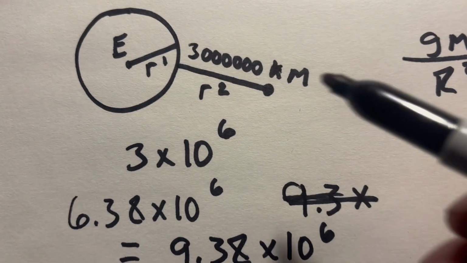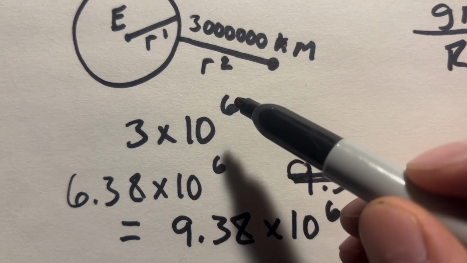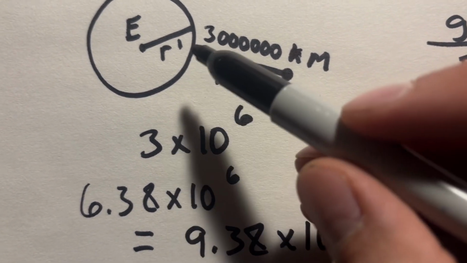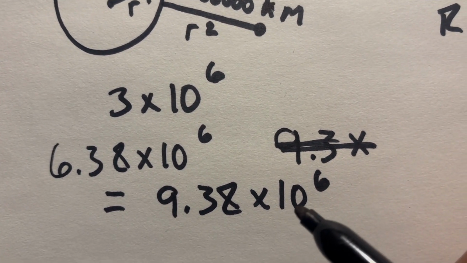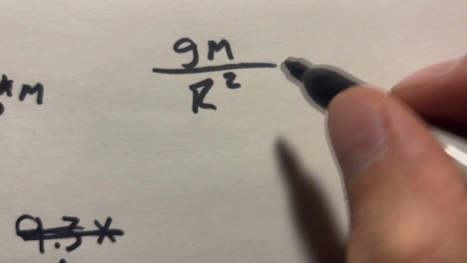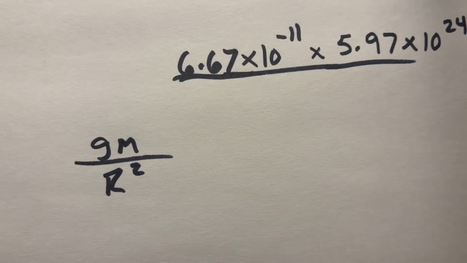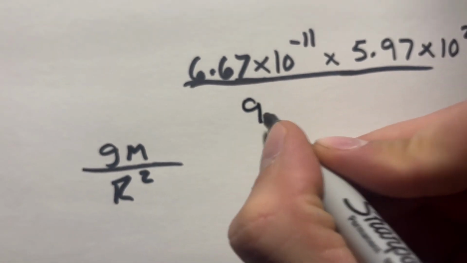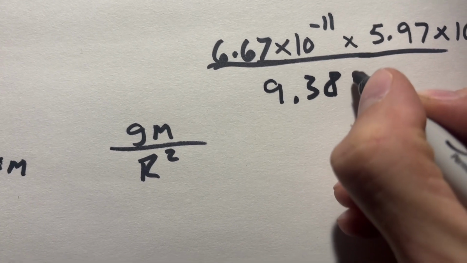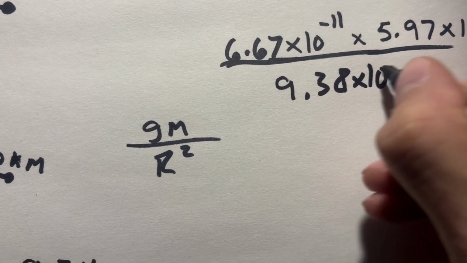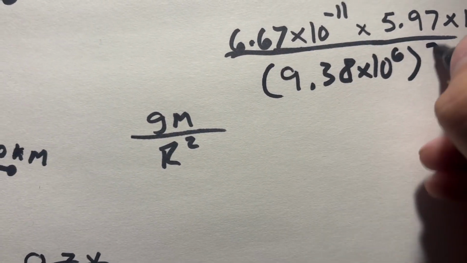Adding the 3 million, represented by 3 times 10 to the 6th power, and the radius of the Earth, you end up getting 9.38 times 10 to the 6th power. So that's what R is going to be for this equation. I'll write that down: 9.38 times 10 to the 6th power, and of course it's got to be squared.